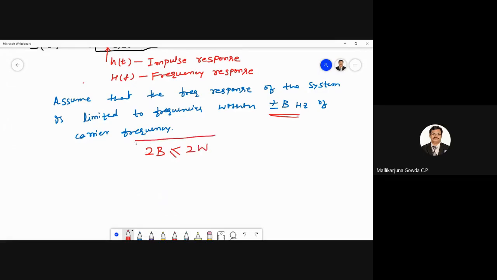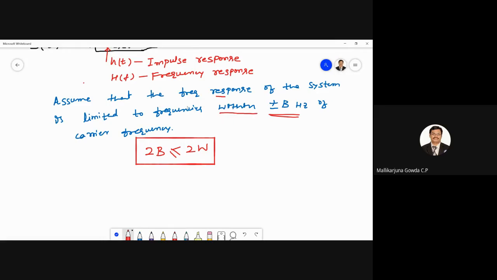Yes, any questions? Sir, what is the word after frequency? After frequency, where? Second line. Below that. This one, within plus or minus b hertz. This word is within.